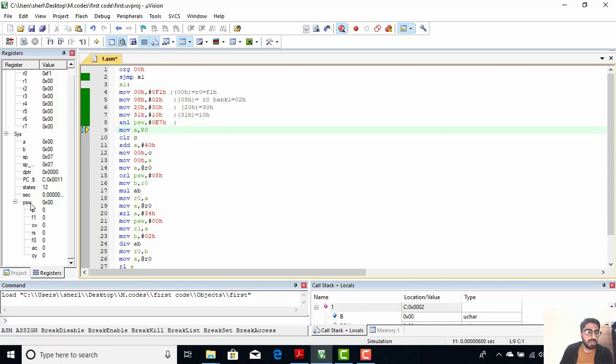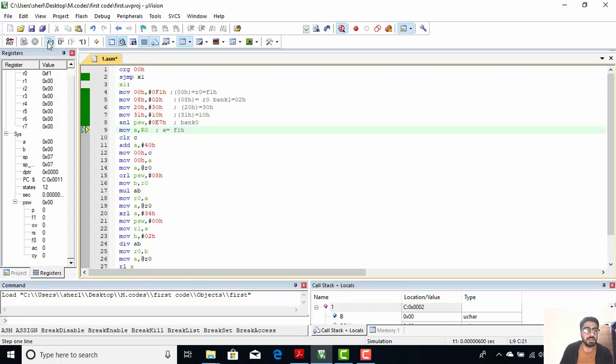So in this we had the 000 value, which means we are in the bank 0 area. Since we are in the bank 0 area, A is going to take the bank 0 value f1 hex.